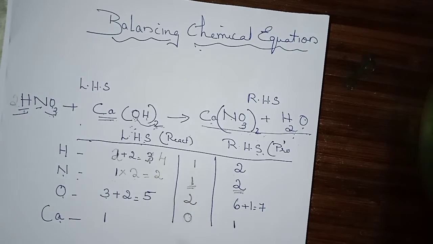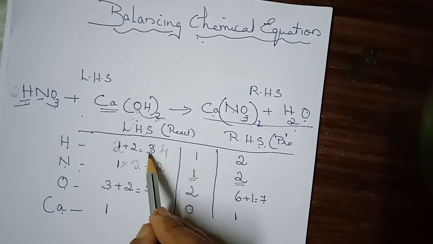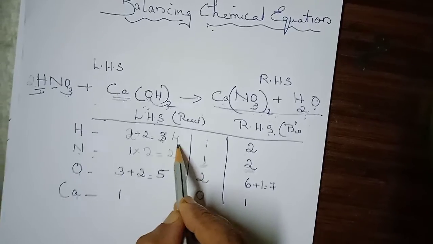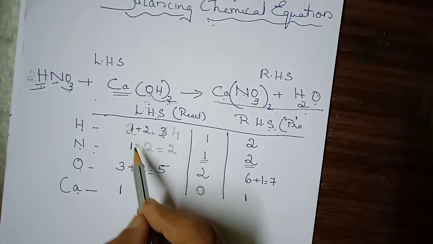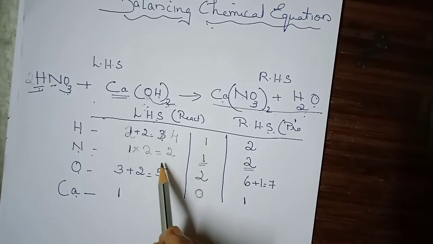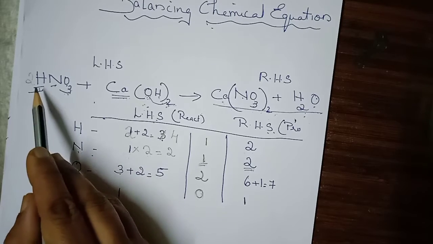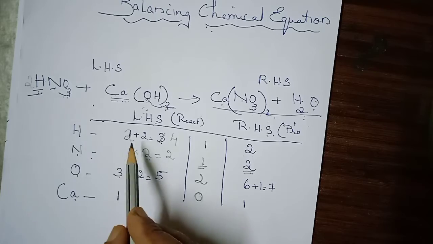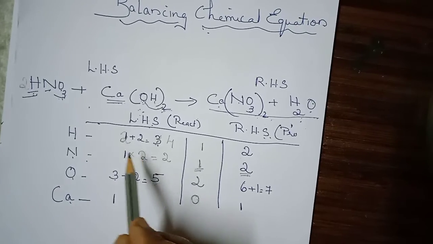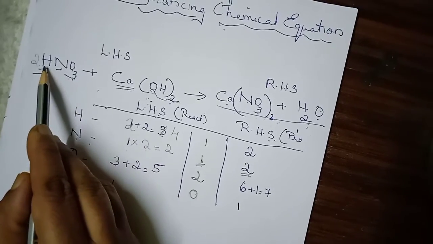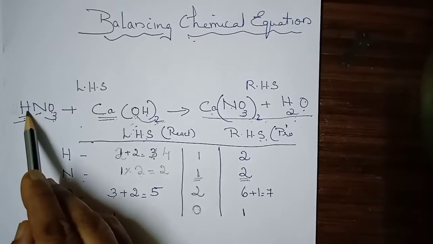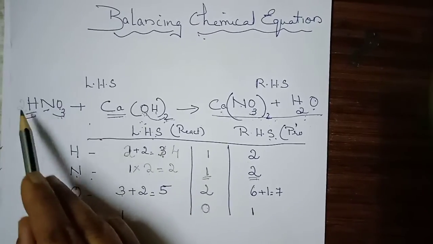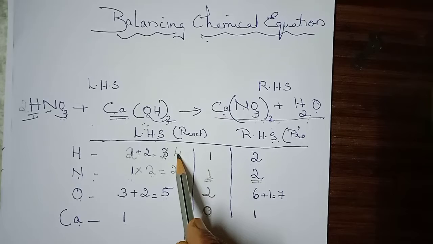Equal 4, right? Now here again the number has changed. So why have I put this 2? Because when I put 2 in order to balance nitrogen, the number of atoms of hydrogen has again changed, because in the beginning it was only 1. Since I have put 2 here, that applies to hydrogen also. So 2 plus 2 now equal 4.